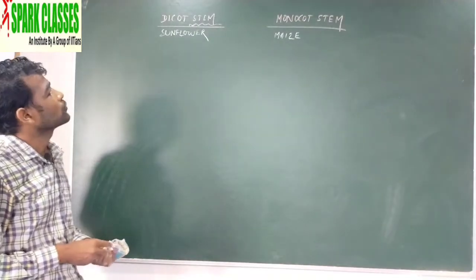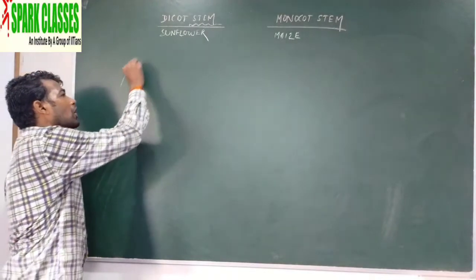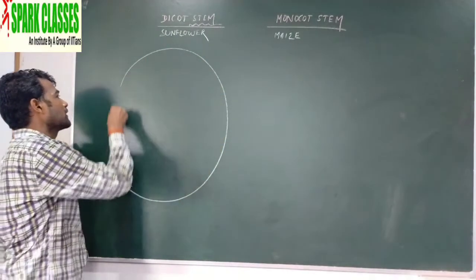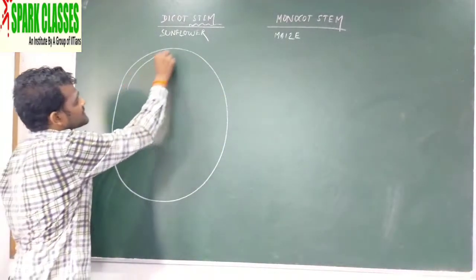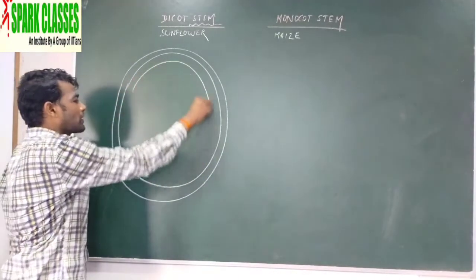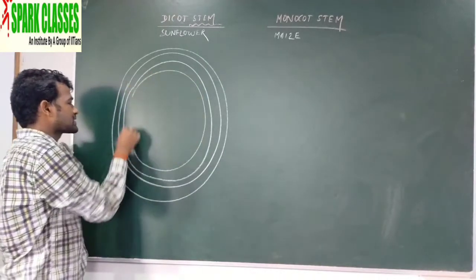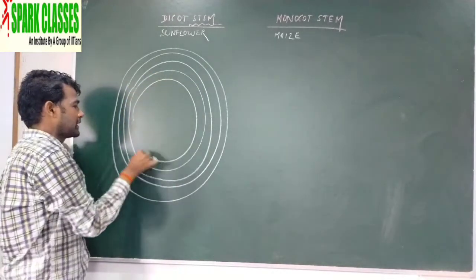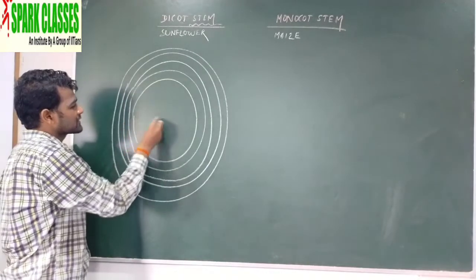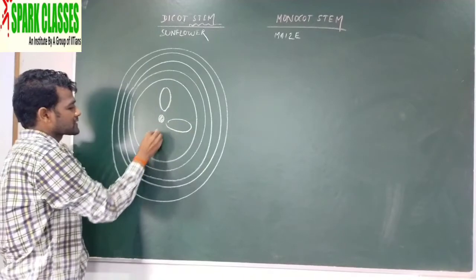So first come to dicot stem. In dicot stem, we have already discussed the outer covering, epidermis, then hypodermis, then cortex, endodermis, pericycle. The central part is pith. This part is xylem and phloem bundles.